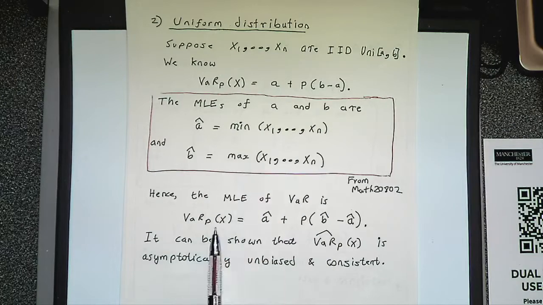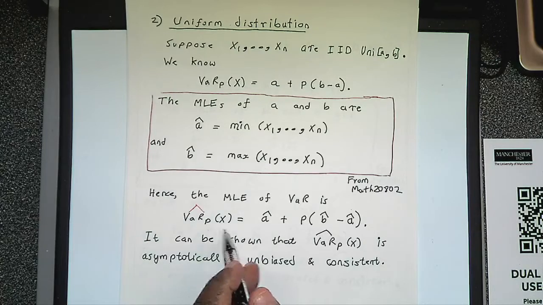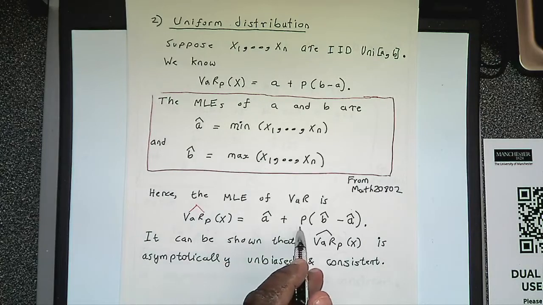Hence, the MLE for VaR is A hat plus p times (B hat minus A hat). It can be shown that this is asymptotically unbiased and consistent.